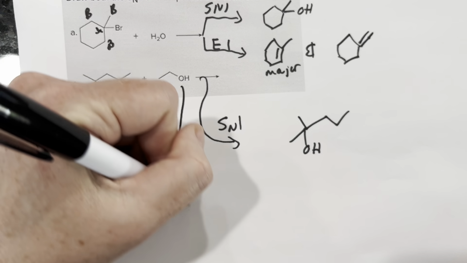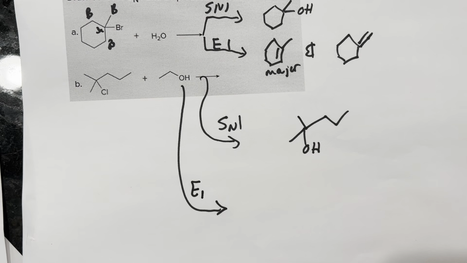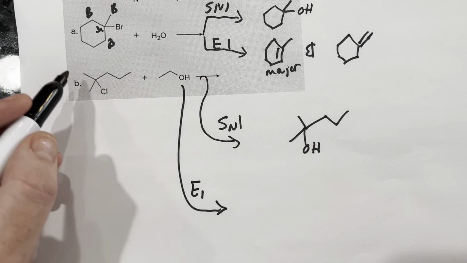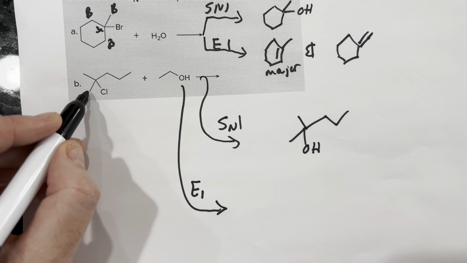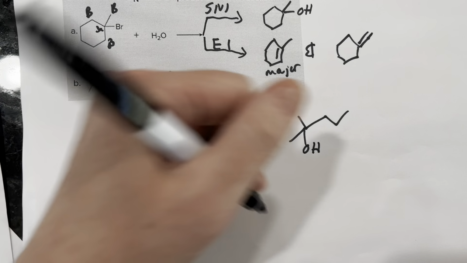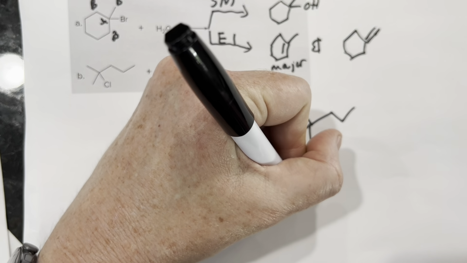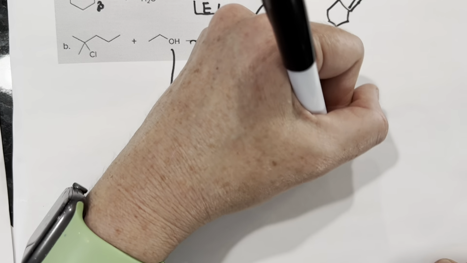But if we do E1, the double bond can either go here or it can go on one of these two methyls. So here or one of the two methyls. So let's draw them both. There's the first one. This would be the major product.